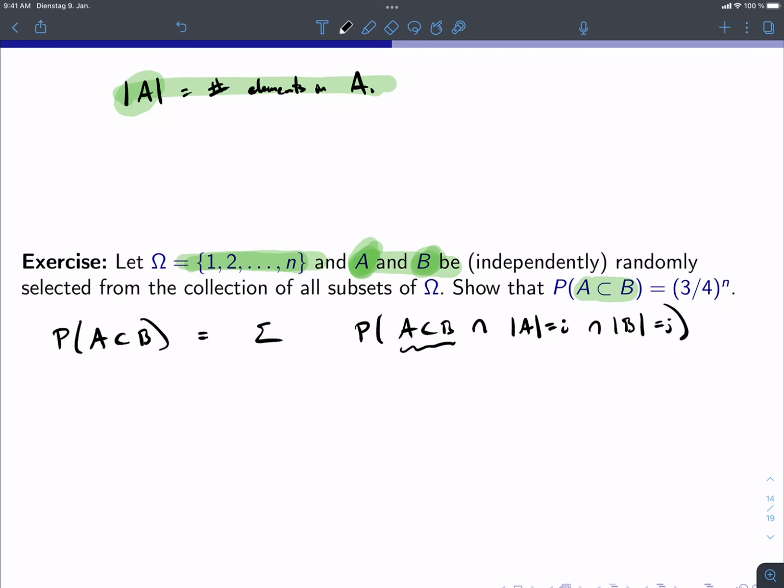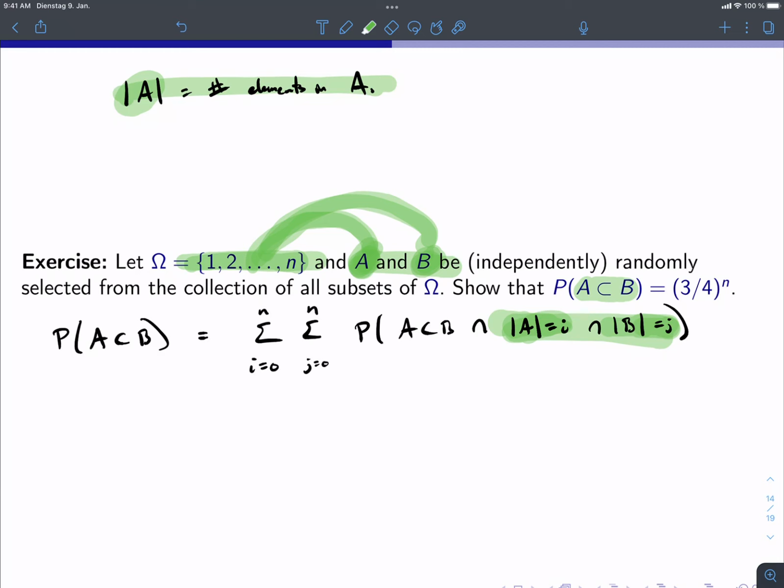And then I could sum these like this. So this takes me through all the possibilities. Because if I imagine any subset A from here, any subset B from there, I can partition all the possibilities by looking at the cardinalities of the sets. Okay. Now let's think about something.